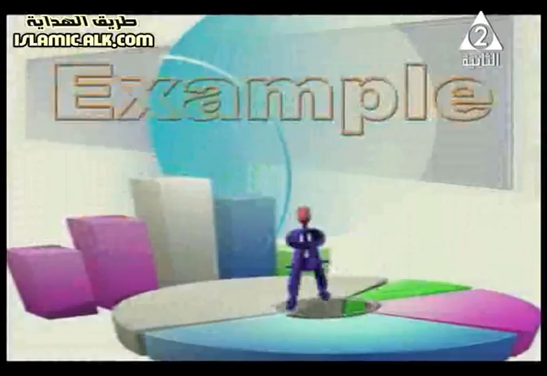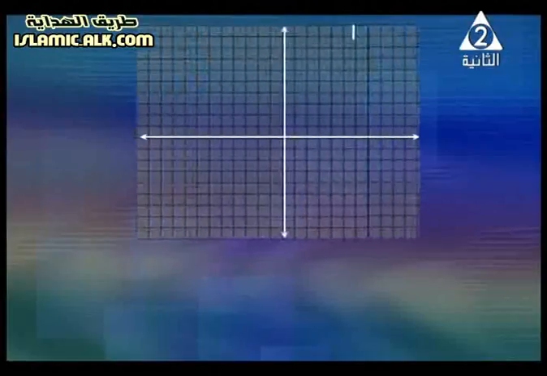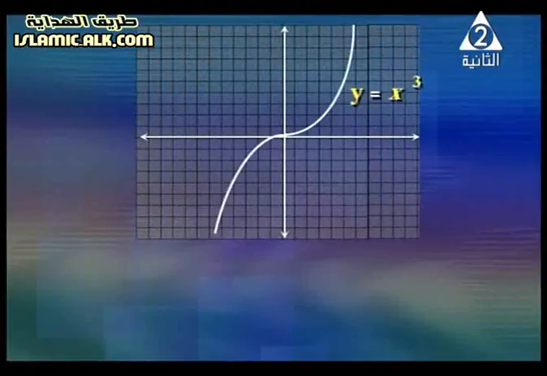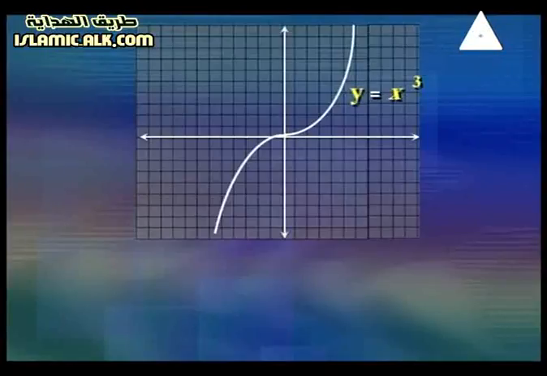Example. Dear student, look at y equals x power 3. When we draw the function y equals x power 3, we know from the previous grade that this is a cubic function, with first and third quadrant, and is an odd function. Why? Because it is symmetric about the origin point 0, 0.